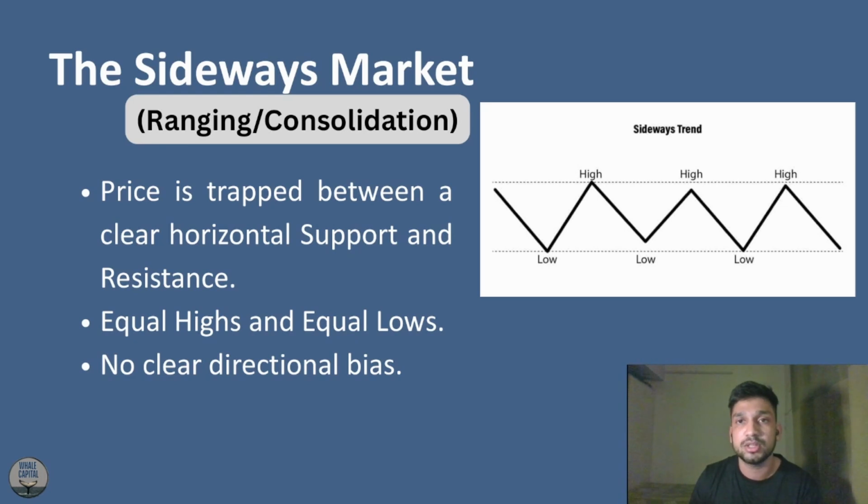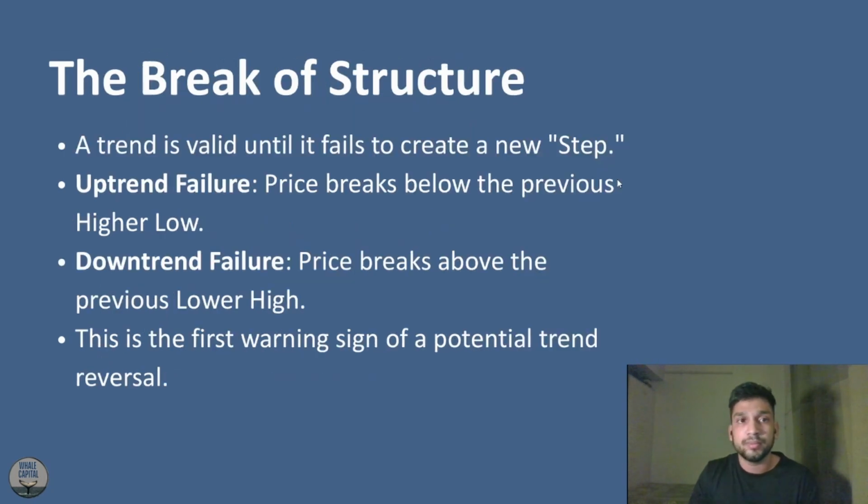For the past 3 months, Nifty has been moving in one band from 25,800 to 26,200. That we can call a sideways market. There is no clear direction where the market is going, and I would suggest not investing or trading in this kind of market unless you are absolutely sure what you're doing.